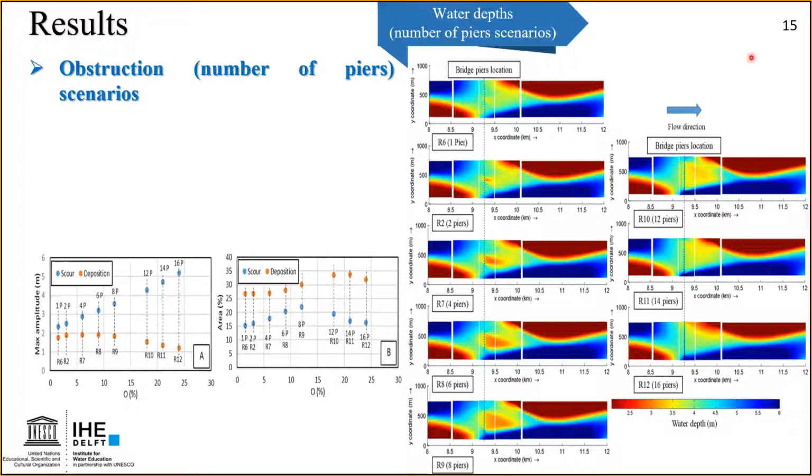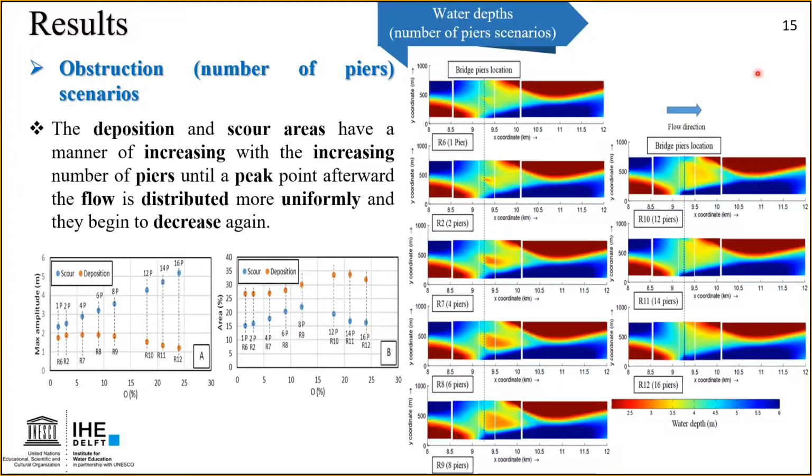The reason for that, we believe, is that at a higher number of bridge piers in the transverse section, the flow is distributed more uniformly, and the sediment transport is more uniformly distributed than in these scenarios, which means less deposition in one area than another, and this leads to a total diffusion, as we see in the scenario with the largest number of bridge piers, while the maximum amplitude of scouring is increasing all the time. That's what we just mentioned here.